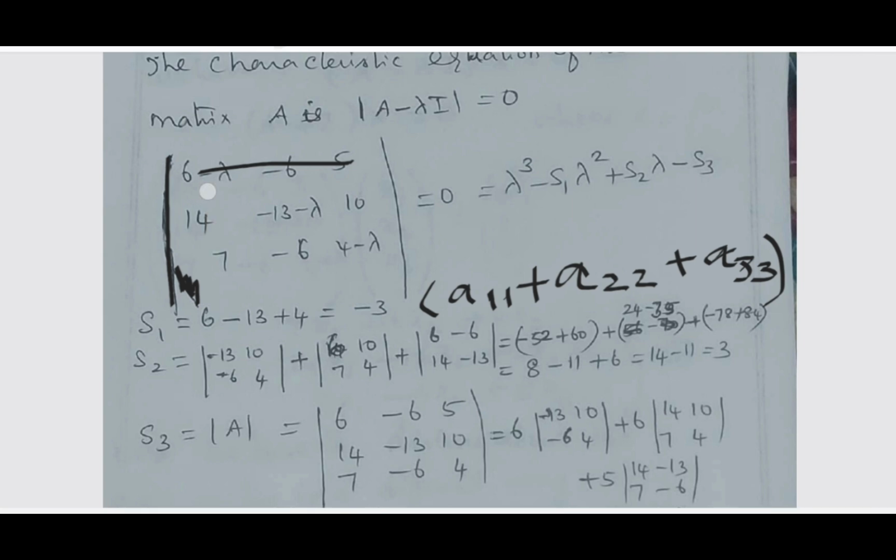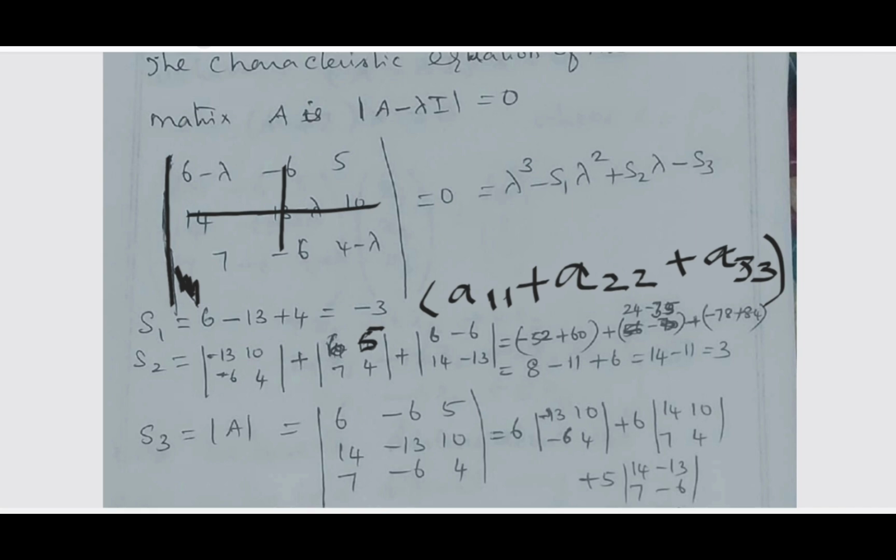For the second leading diagonal element, minus 13, you delete the respective row and column and write the remaining elements: 6, 5, so I made a mistake here, you need to rub it off and write it as 5 here. So 6, 5 and 7, 4.